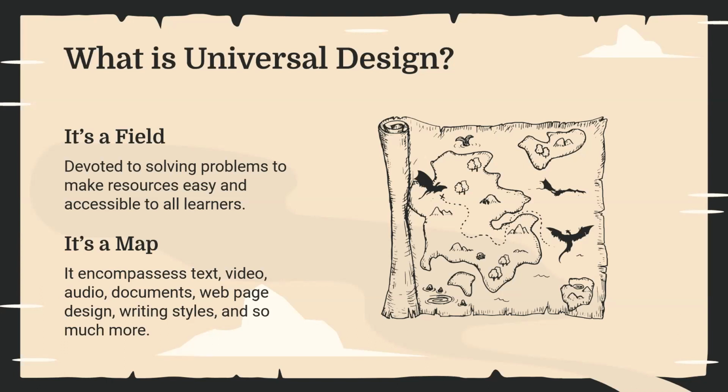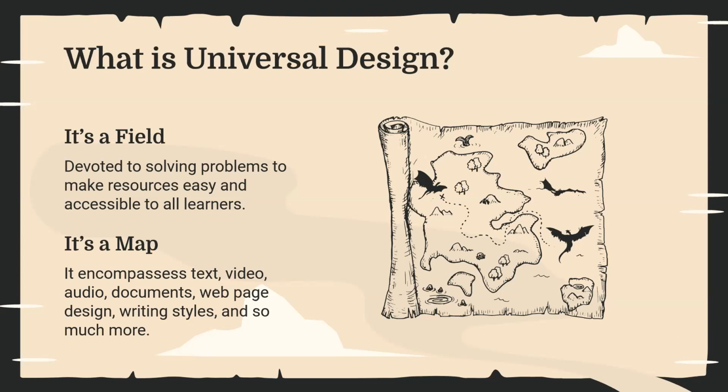So although we may not need that, we may be using it and it may be helpful to us. So implementing universal design helps all learners, not just those who have an accommodation that they need or who just need something a little different.